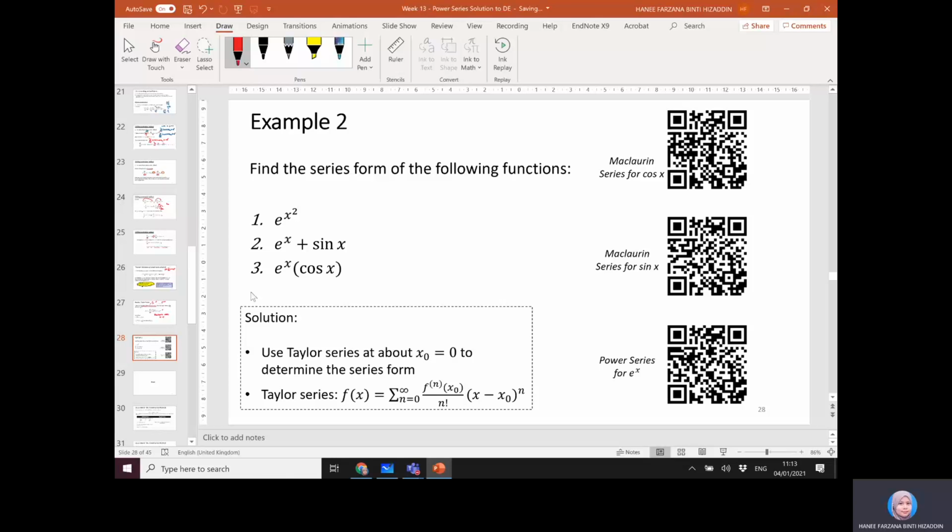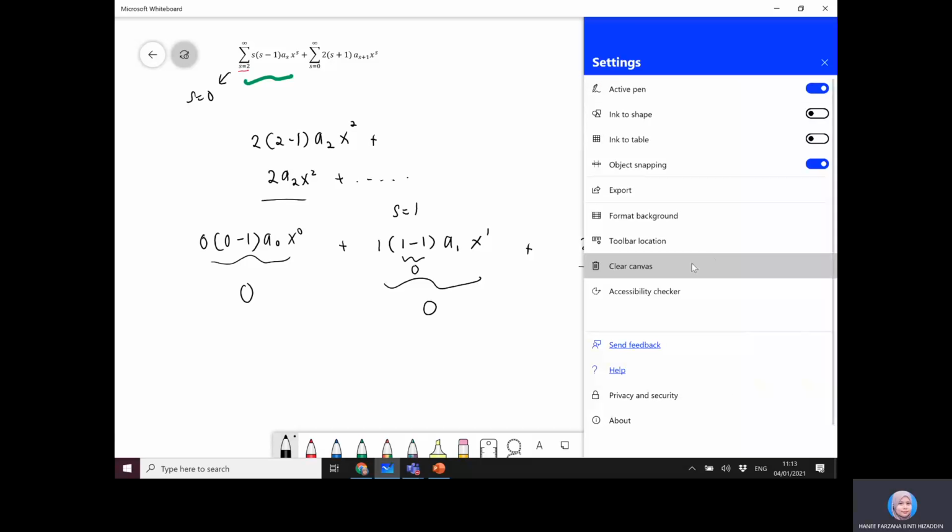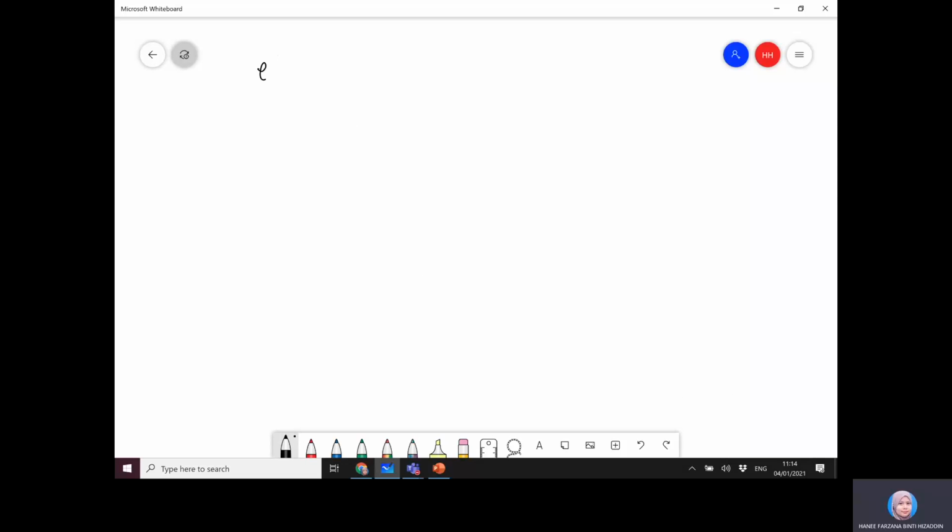Let's do a quick example here. So e^(x squared). For the Taylor series generally for any exponential e^x, you will know from the derivation, if you watch it, that from m equals 0 to infinity, you get x to the power of m over m factorial.